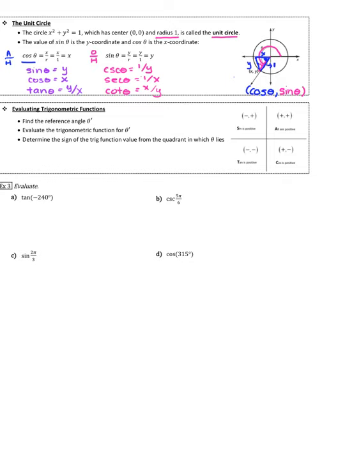So how do you find a trig value? You find the reference angle, evaluate the trig for that reference angle, because that will be one of your special angles. That'll be like your 30, 60, or 45, 45 triangles. And then once you know what the trig was for that angle, then you assign it the positive or negative value.